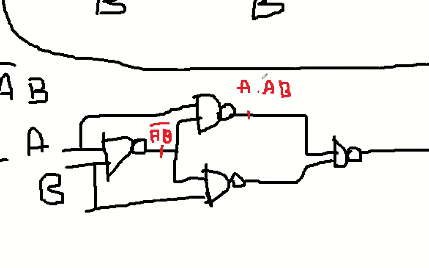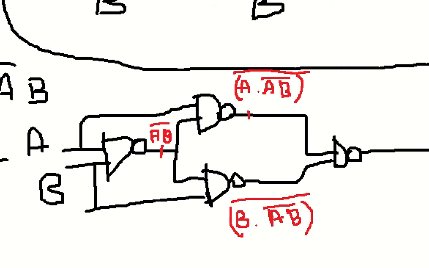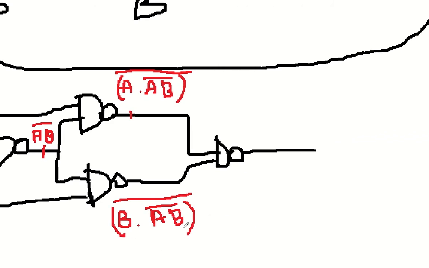Just remember one thing, this is a NAND gate. So whenever multiplication has to be done, make sure you have your respective complement. Similarly, you can try with the next one. This is possible. Next, you need to simplify it. You can apply De Morgan's here.